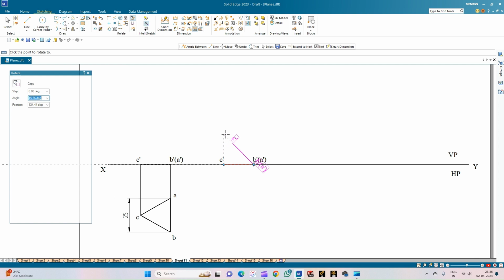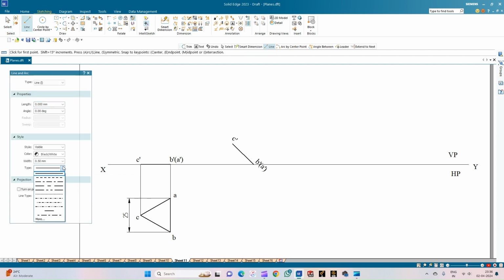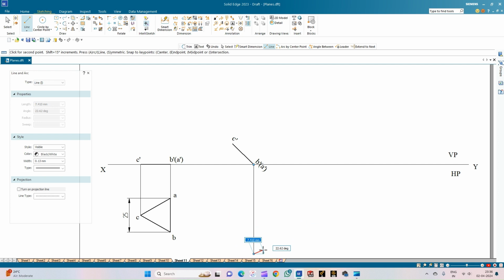So now the angle can be entered here. So the angle of rotation is equal to 45. So it is asking the direction. It is in this particular direction. So now we will draw the vertical projectors downwards and also the horizontal projectors from side and complete the top view of the triangular lamina.